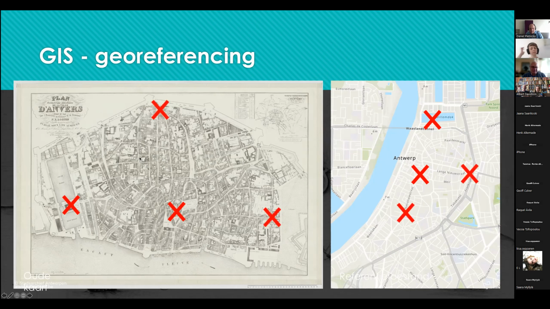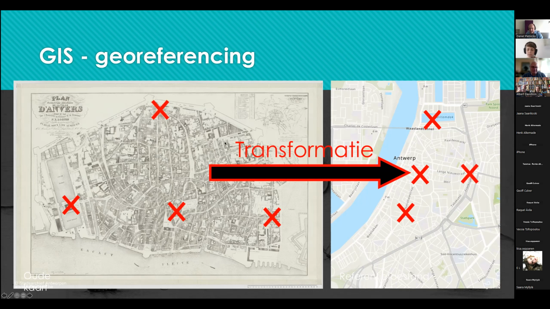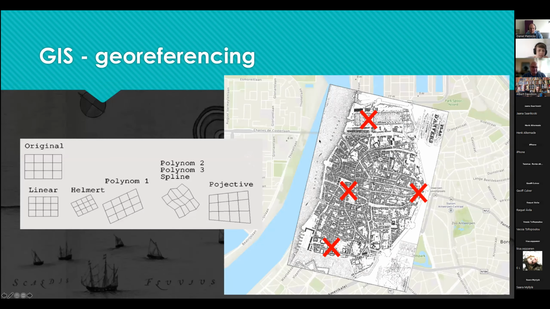So you have a bunch of points, and these points then need to map from one to another. And that is the mapping transformation that needs to be done. That transformation helps you in fitting this old map on top of a new geo-referenced, perfectly coordinated map.